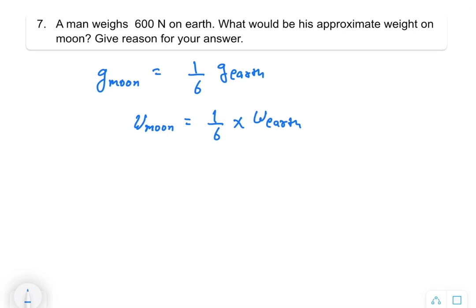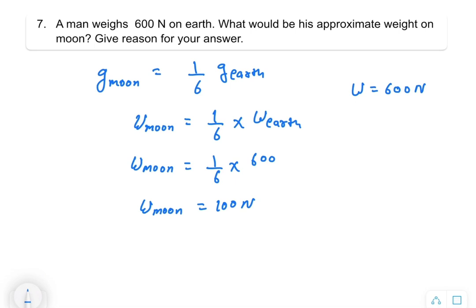Now let us substitute the value. W is given, it is 600 newtons. W moon is equal to 1 divided by 6 multiplied by weight on Earth, that was 600 newtons. So weight on moon will be 100 newtons.